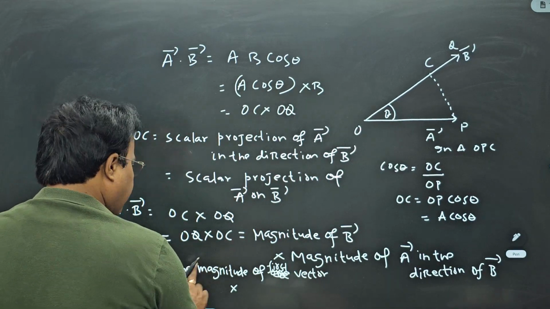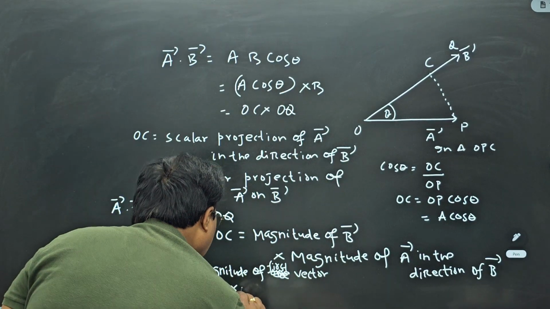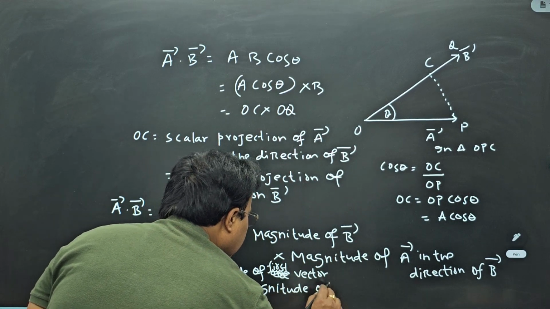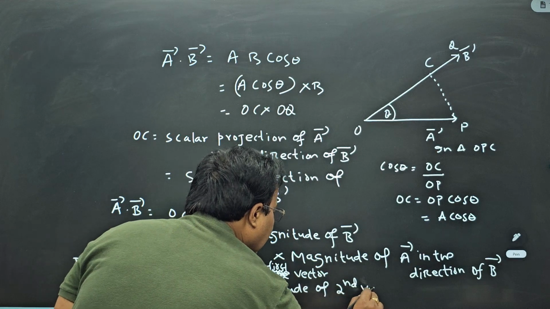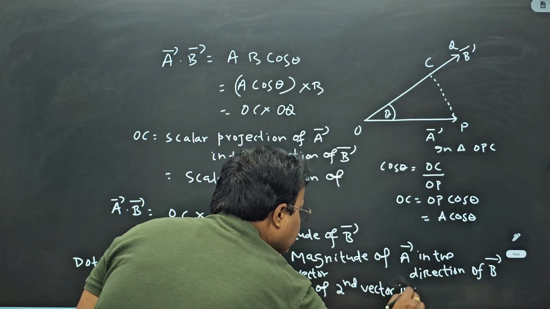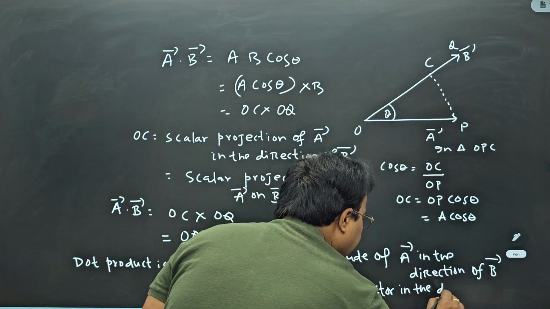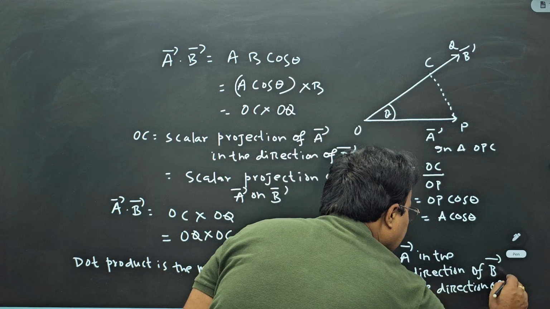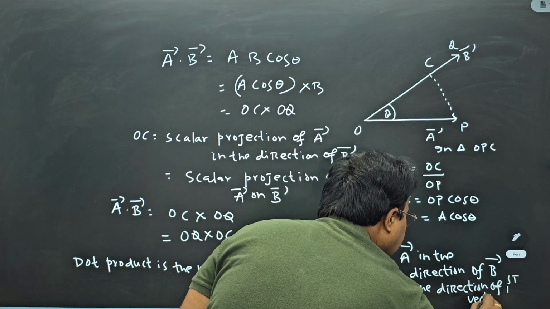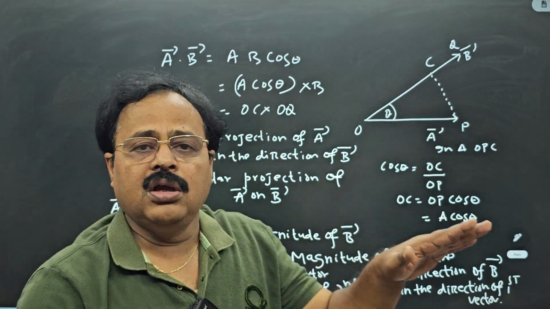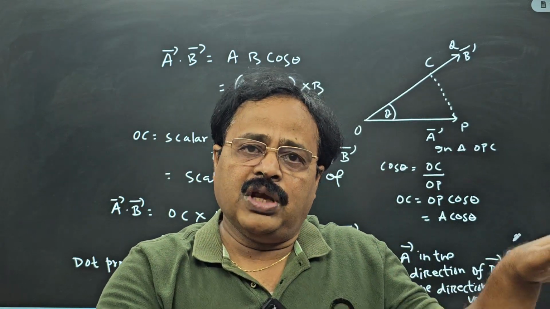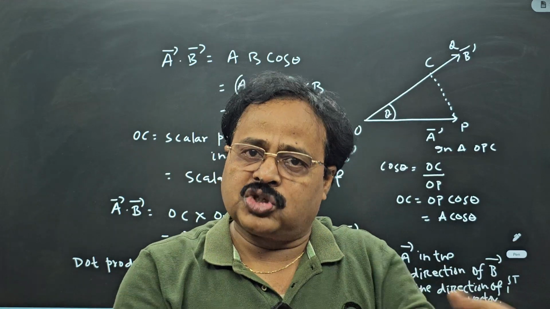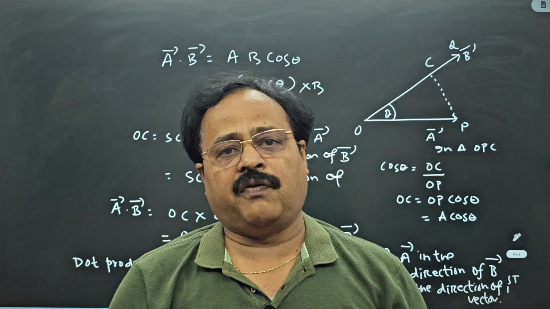The dot product is the magnitude of the first vector into the magnitude of the second vector in the direction of the first vector. What is the meaning of this? We have brought the magnitude of one vector in the direction of the other vector, then you multiply the magnitudes of these two vectors. That is the meaning of dot product of vectors.